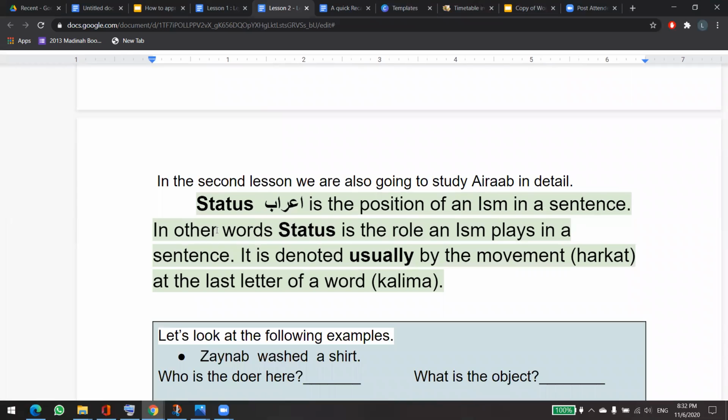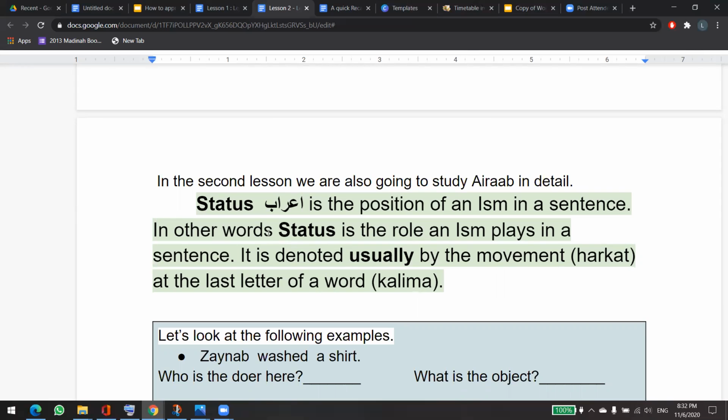In our previous example, we discussed that status is the position of an ism in a sentence, or the role an ism plays in a sentence, right? And in Arabic, status is called i'rab, the i'rab of that ism.